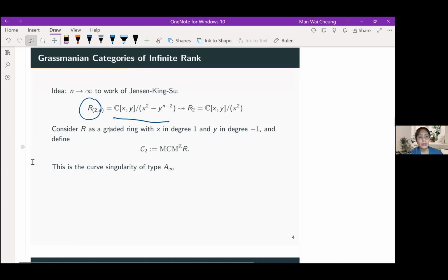To have n equal to infinity, we can imagine that y^(n-2) goes away, and this is the ring that we are going to consider. We similarly consider the Maximal Cohen-Macaulay modules with Z-grading. This is actually the curved singularity of type A infinity.